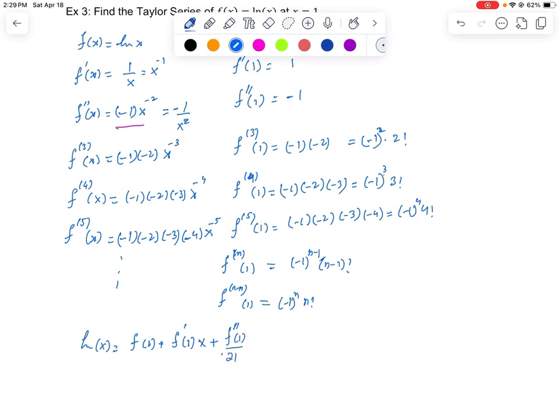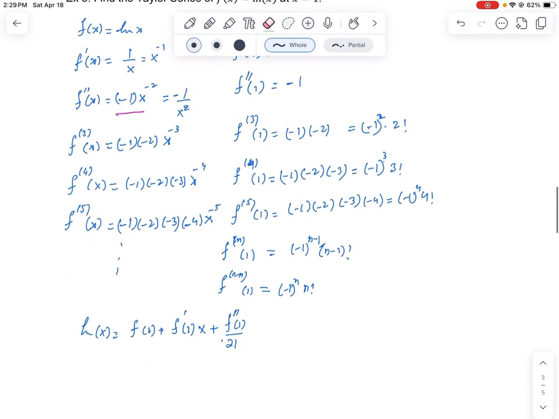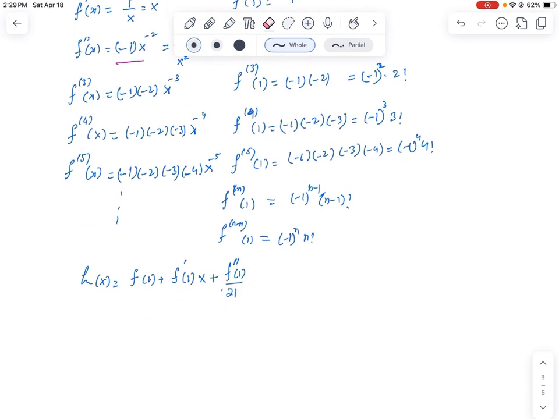Oh, sorry. See, this is what happens with the Taylor series and not at 0. We are so used to doing the Maclaurin series that we forget. Now we are doing it at 1, so we have to multiply by the factor x minus 1.